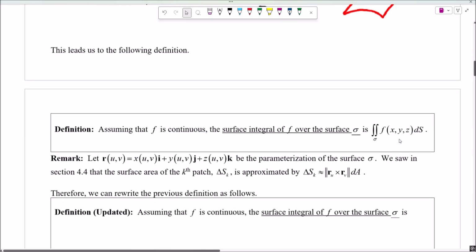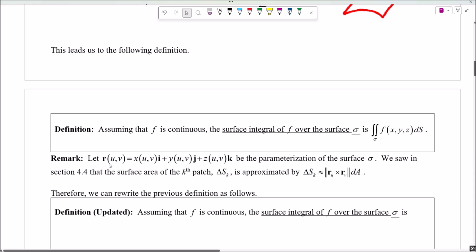Well, one of the ways that we might be able to help with the evaluation is to parameterize this surface. We talked about parameterizing surfaces previously, and let's take a look at what the following remark says.